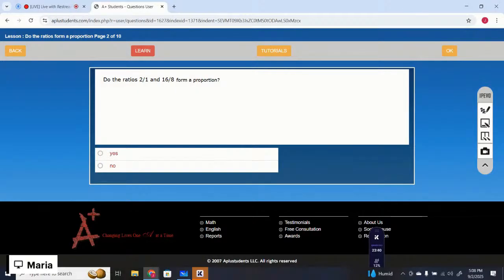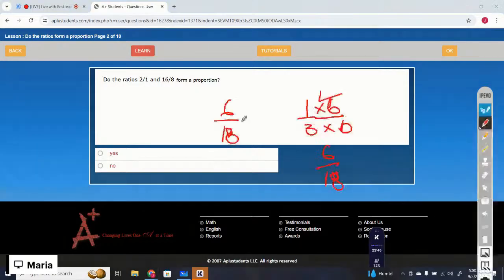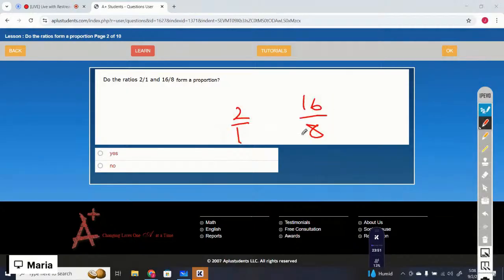Do the ratios 2 by 1 and 16 by 8 form a proportion? So let's see. 2 by 1, sorry, not 1 by 2. 2 by 1 and 16 by 8. 2 times 8 is 16 and 8 times 1 is 8.